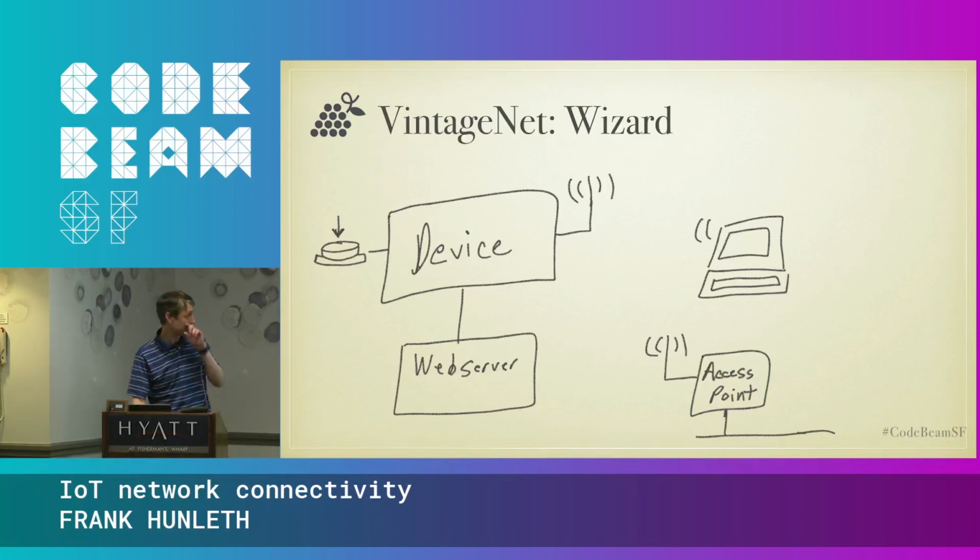All right, so when we built this, some people said, well, I'll make the web server for you. So we're like, great, help us build the web server that people use to configure that. So this diagram is showing this setup. The web server is called the VintageNet Wizard now. The web server gets enabled. The way this works is the library connects up to a button on the box, or it could be instigated by anything.